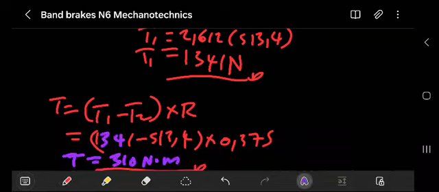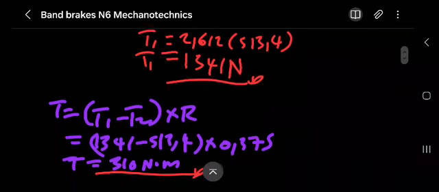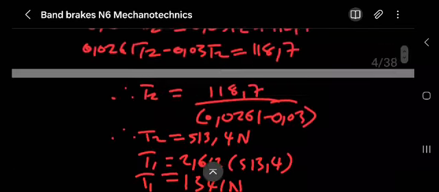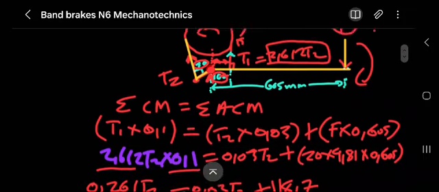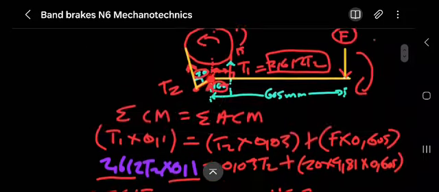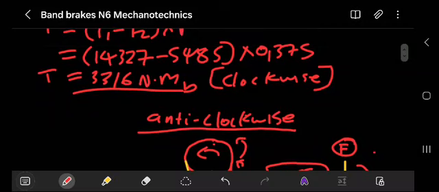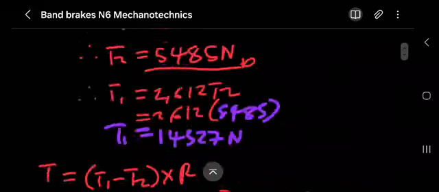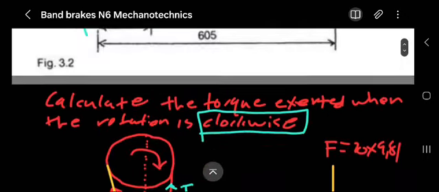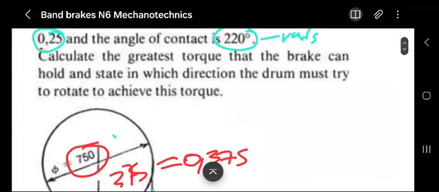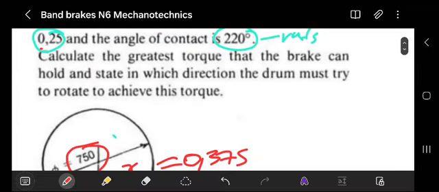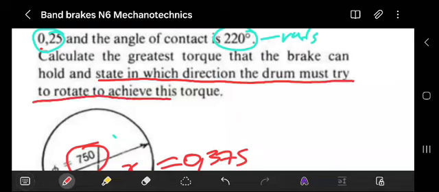So the greatest torque, let's check where is the greatest torque now. Here you have 310. Then the other, how it was this one. The greatest torque is this one when you're rotating clockwise. Because they said we should determine the greatest torque the brake can hold, and state which direction the drum must rotate to achieve this.